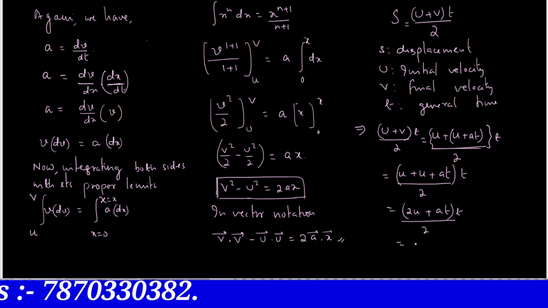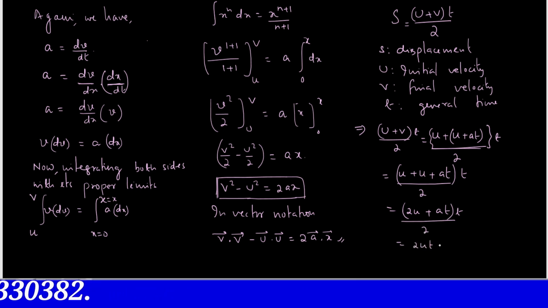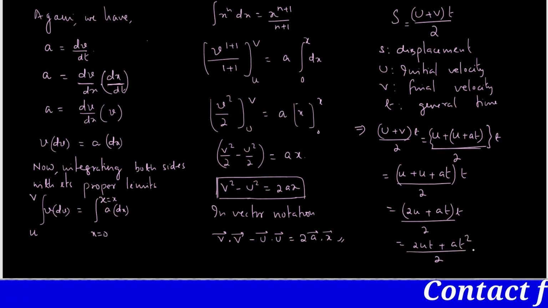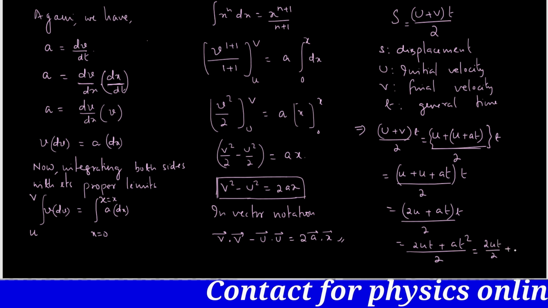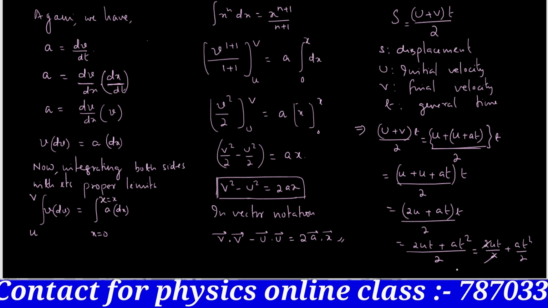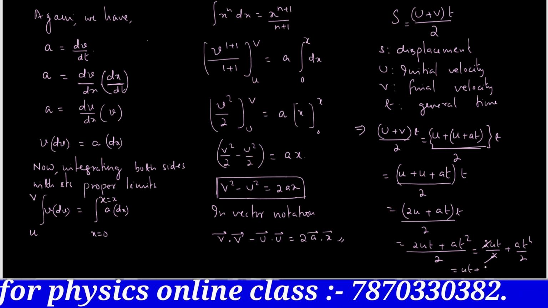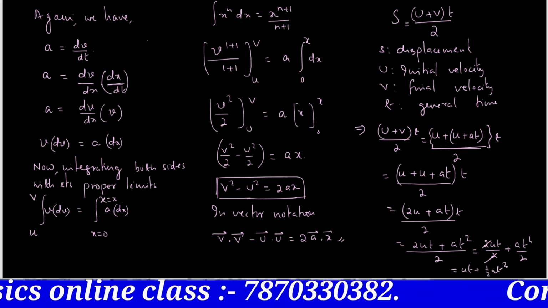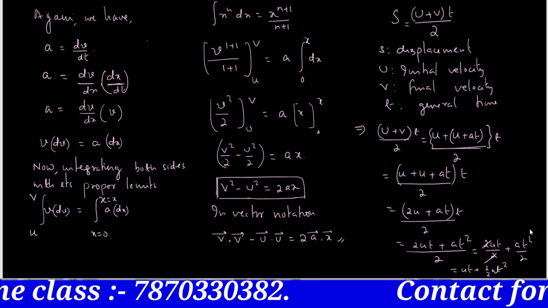And now this is 2UT plus AT square by 2, and I can write this as 2 into UT by 2 plus AT square by 2, right? Cancel, and this equals to UT plus half AT square. And I proved this.